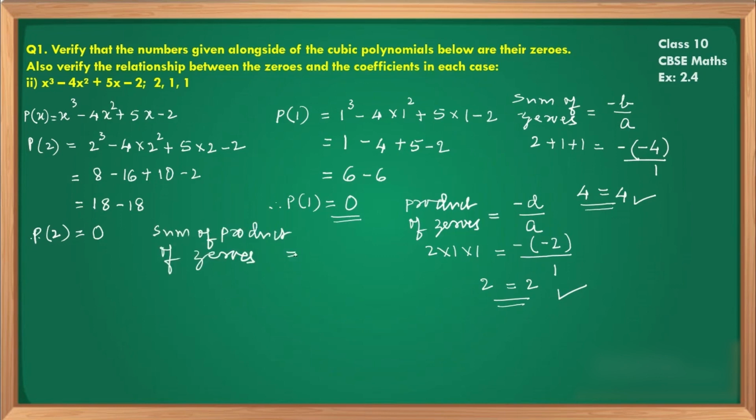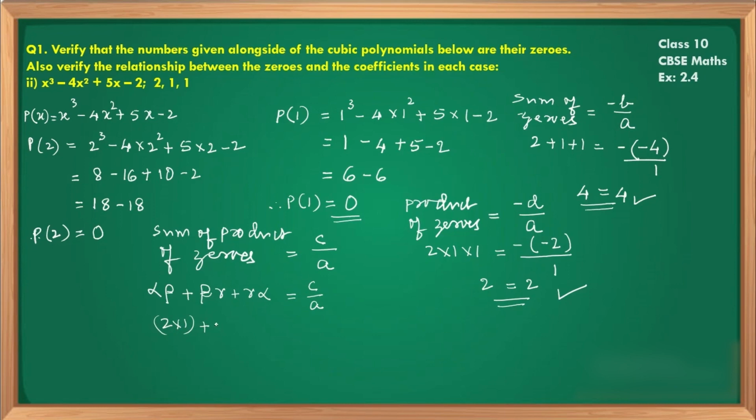Lastly, the sum of product of zeros is equal to c by a. Now for the sum of product, you have to take alpha beta plus beta gamma plus gamma alpha is equal to c by a. Now what is alpha and what is beta and what is gamma? Nothing but zeros.